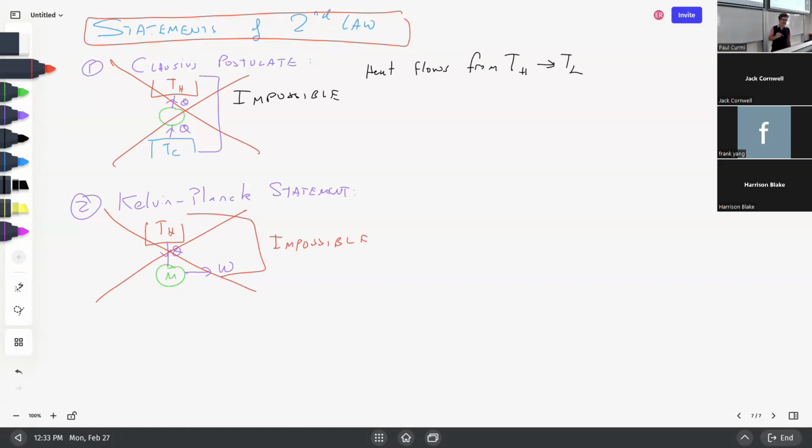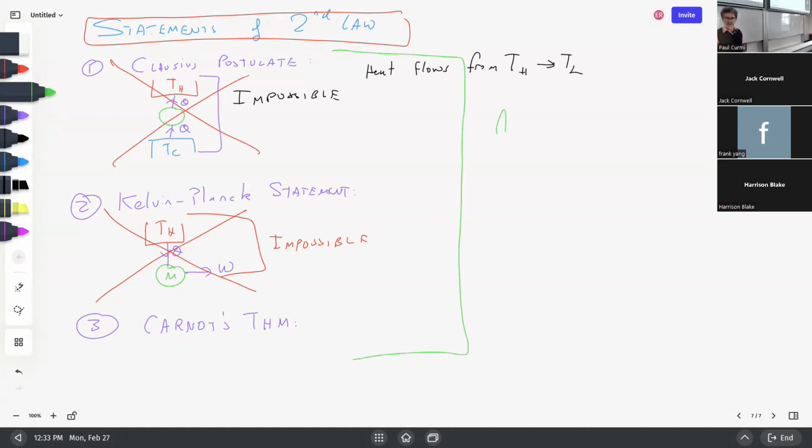Okay? The third statement is just Carnot's theorem. Okay, and we just had that at the start of this lecture. So all three statements are equivalent.